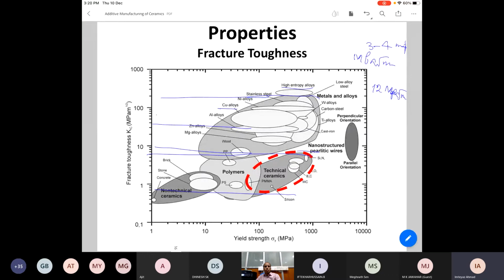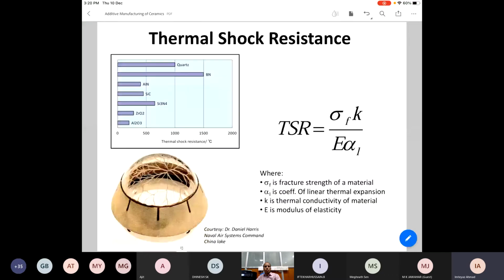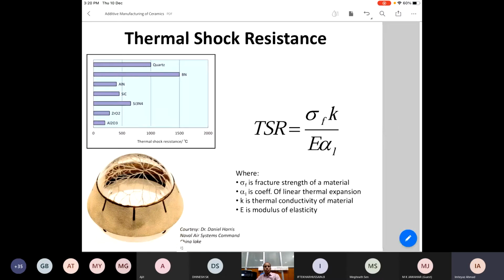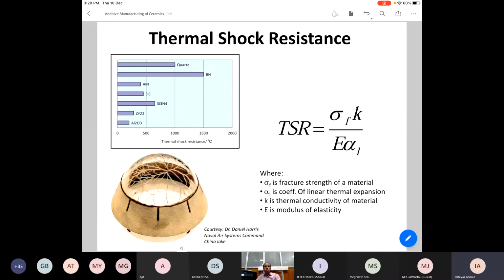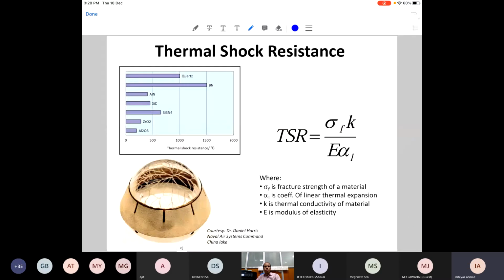Another problem is the thermal shock resistance. If you look at this TSR, thermal shock resistance, it depends on the fracture strength. Hard materials have higher fracture strength, and at the same time very low thermal conductivity, and that's the problem.